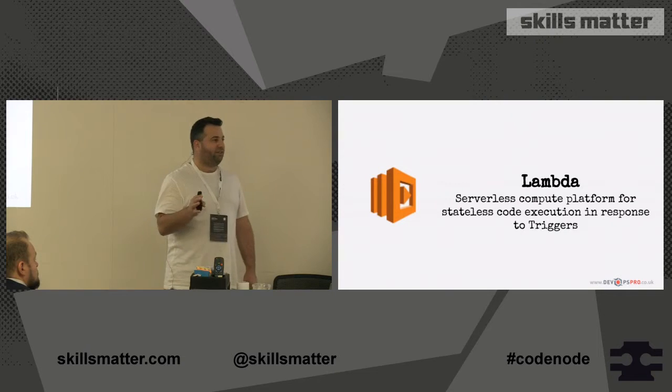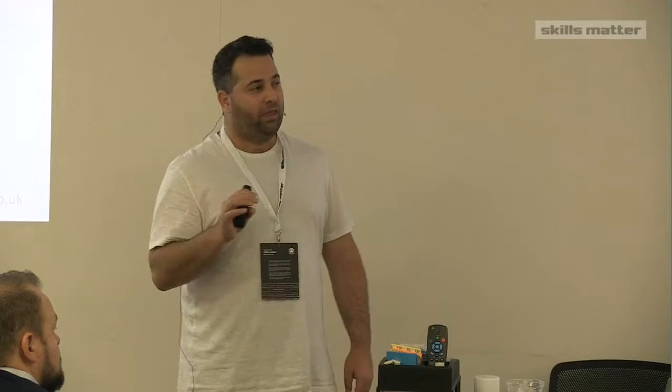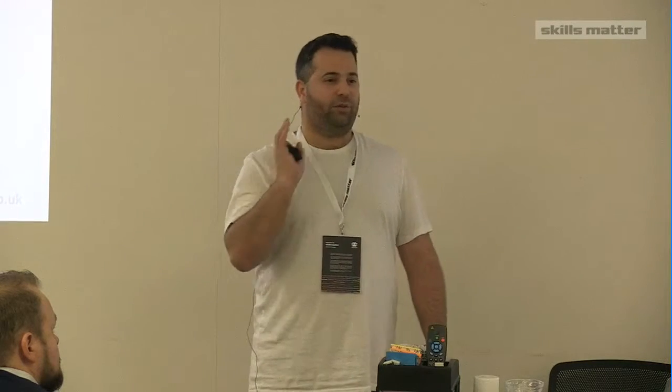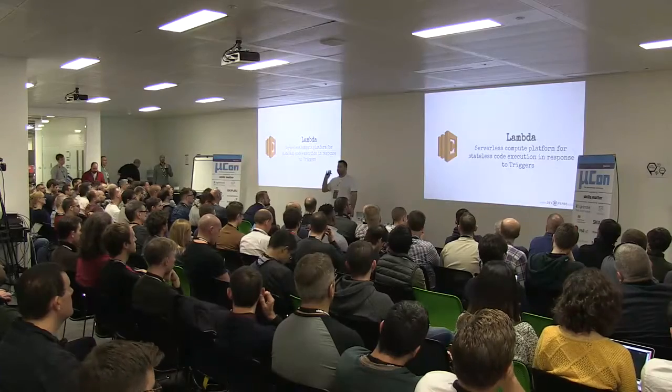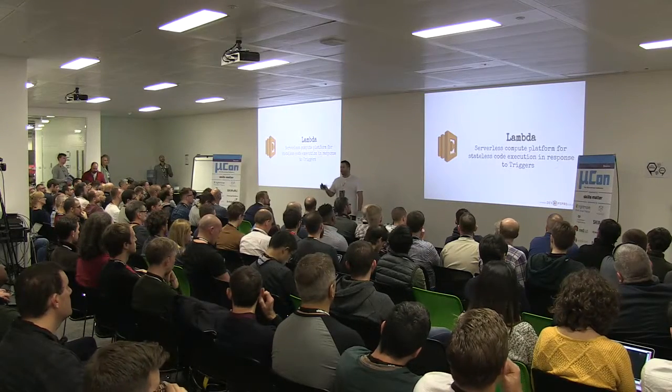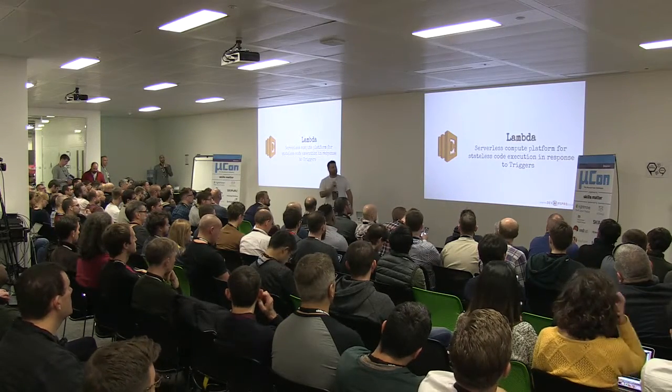We cannot save any state, or we don't want to save any state in any data source. And Lambda is invoked by triggers. A trigger can be anything, from an HTTP endpoint to a new file in S3, to SNS receiving an email, to SNS receiving an SMS. Anything inside of Amazon can trigger a Lambda function.